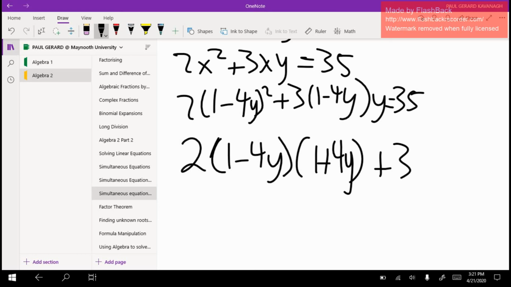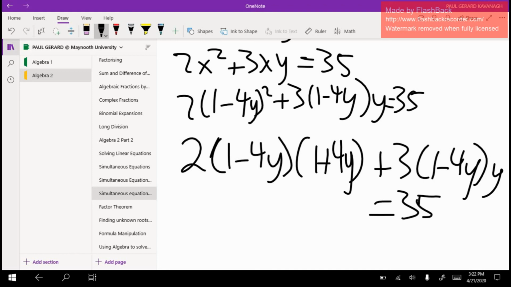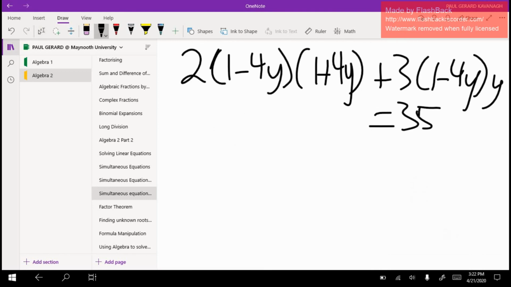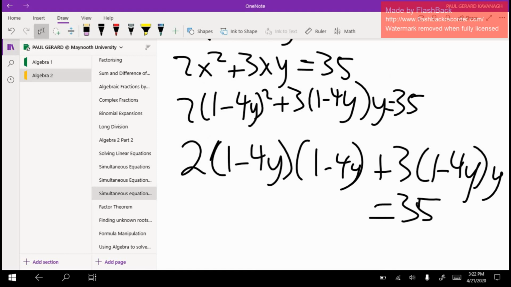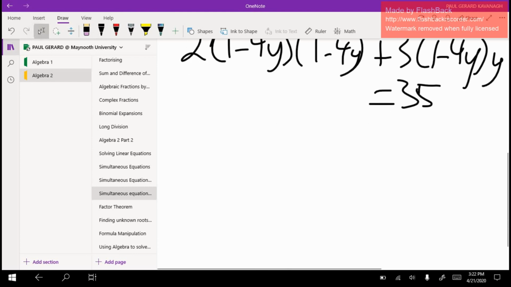So now you have plus 3y equals 35. So what you do now is basically multiply out your 2, or no, what am I doing? I got that wrong, and I'm going to tell you why now. I have 1 minus 4y squared. That's not the same form as the difference of two squares. What I'm saying is that this expression will be squared. So that is why I corrected my mistake.